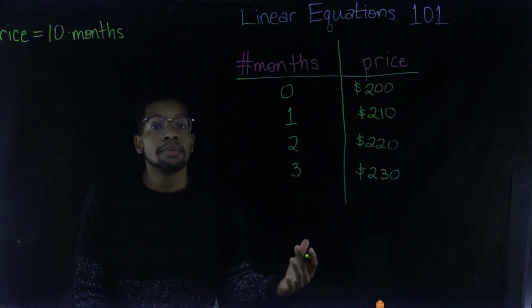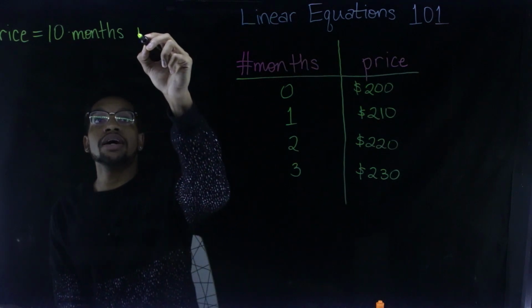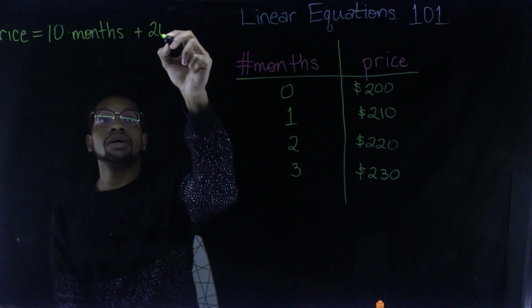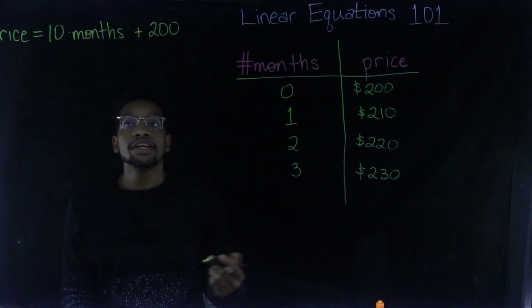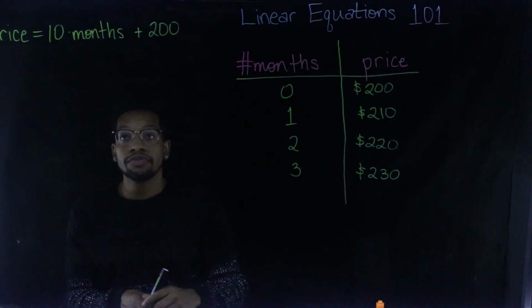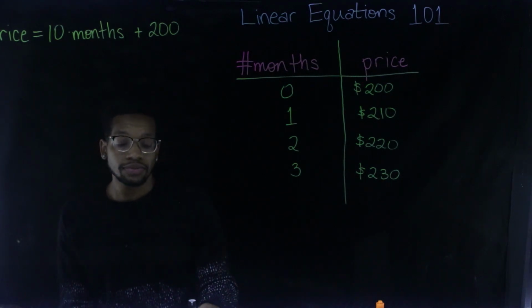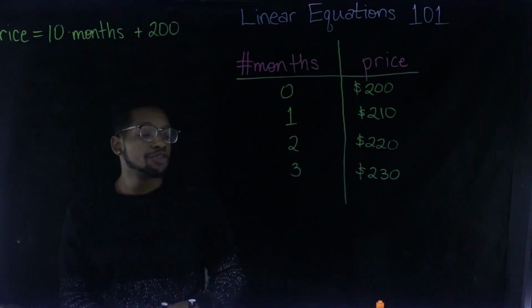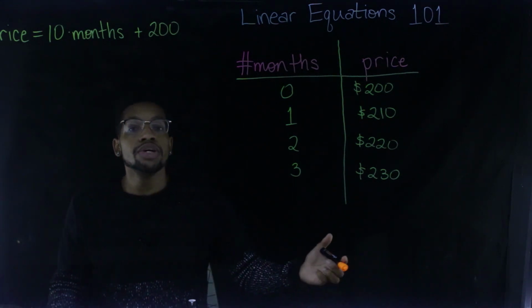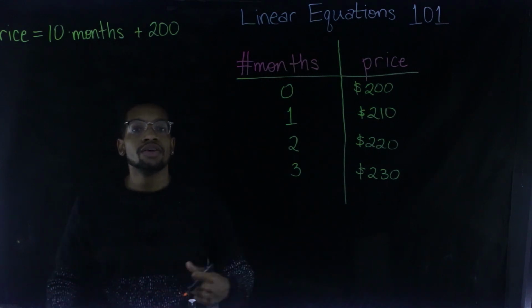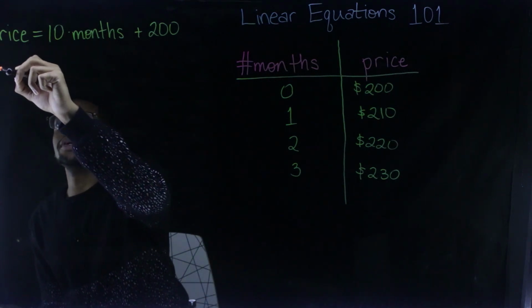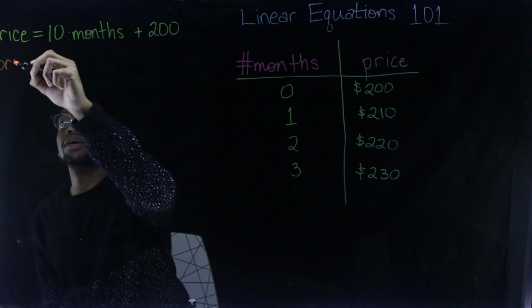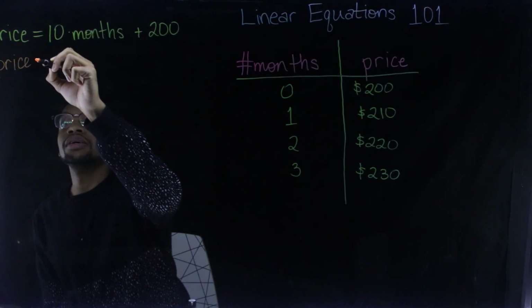But remember, we had to buy the game in the first place, so we have to tack on that extra 200. And that's basically it. That's how we can figure out how much we've spent. So let's do an example. Let's say we've spent 2 years on the game, and you're wondering how much money I really spent in 2 years of playing this PlayStation.